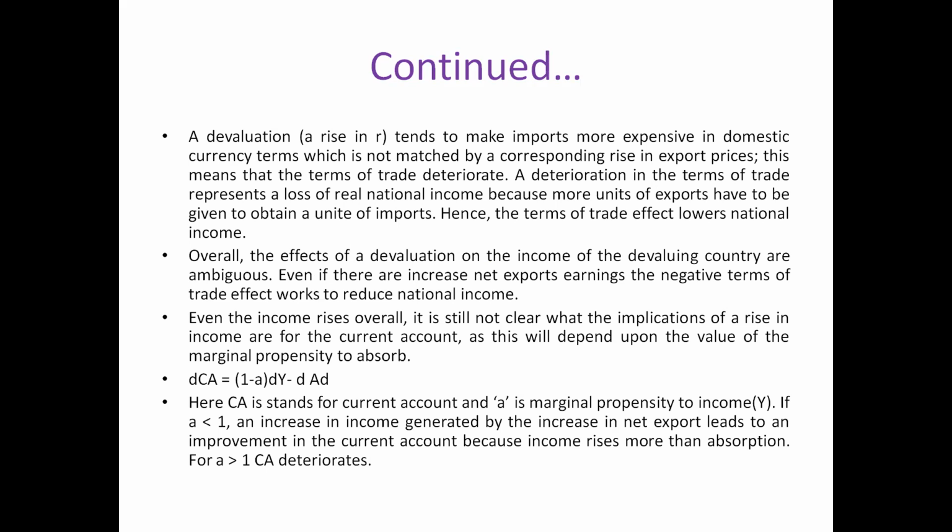Here, CA denotes current account and A is the marginal propensity to absorb. If A is less than 1, an increase in income generated by the increase in net exports leads to an improvement in the current account because income rises more than absorption. For A greater than 1, the current account deteriorates.